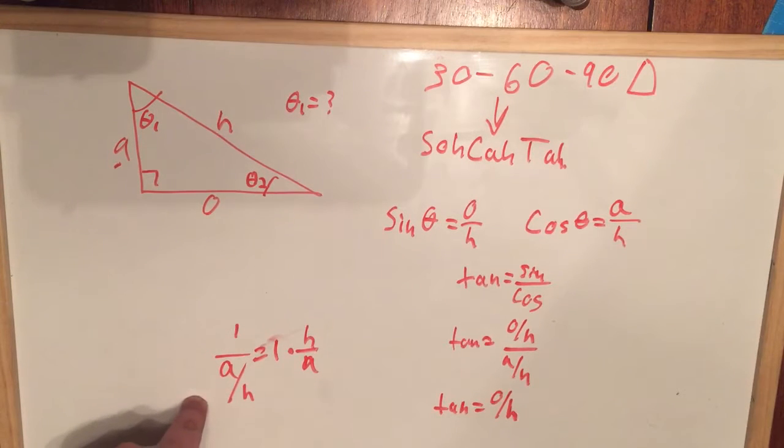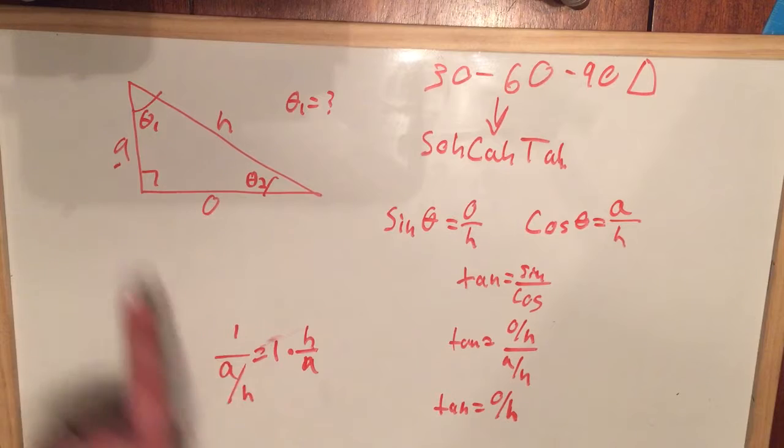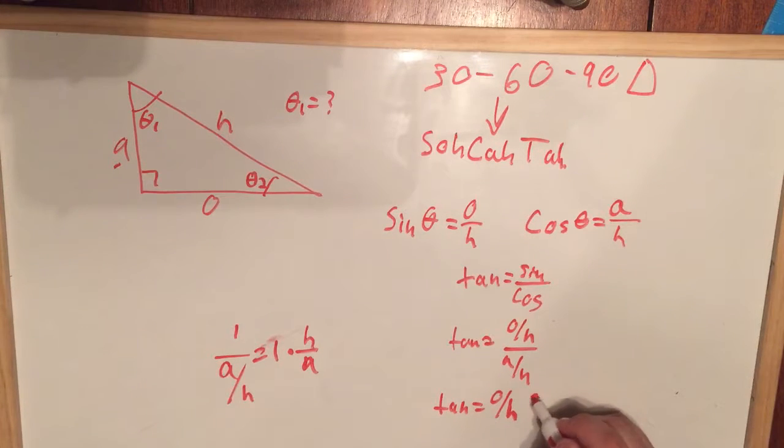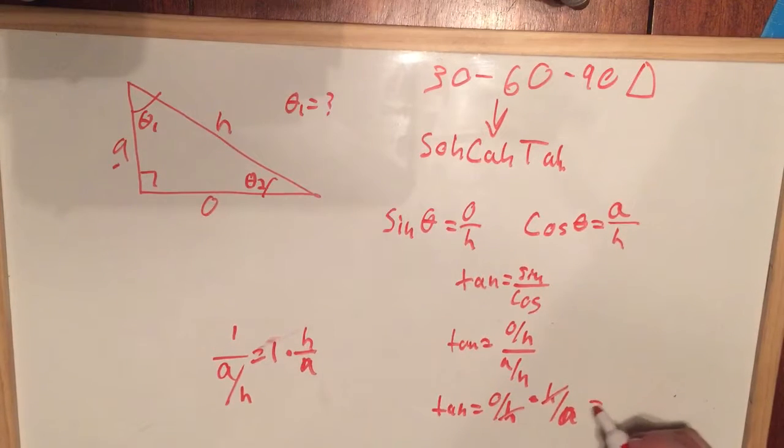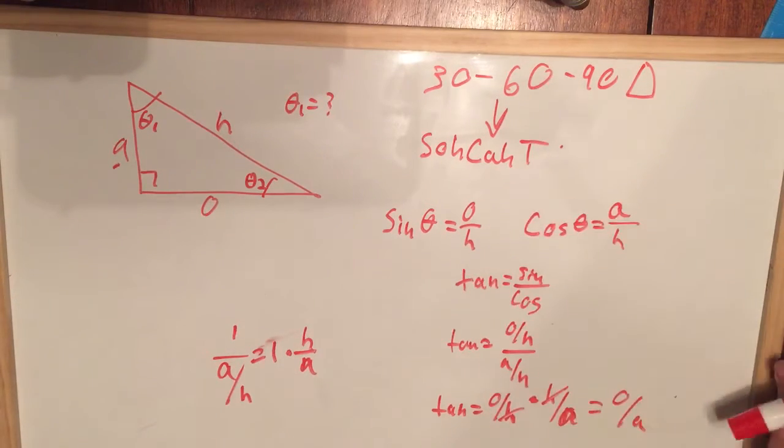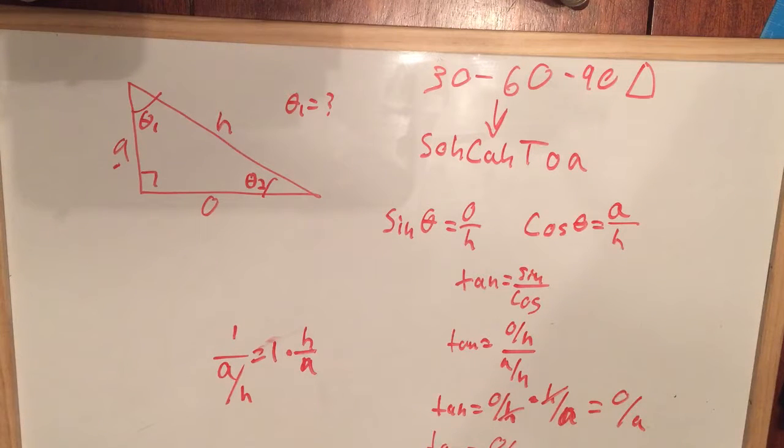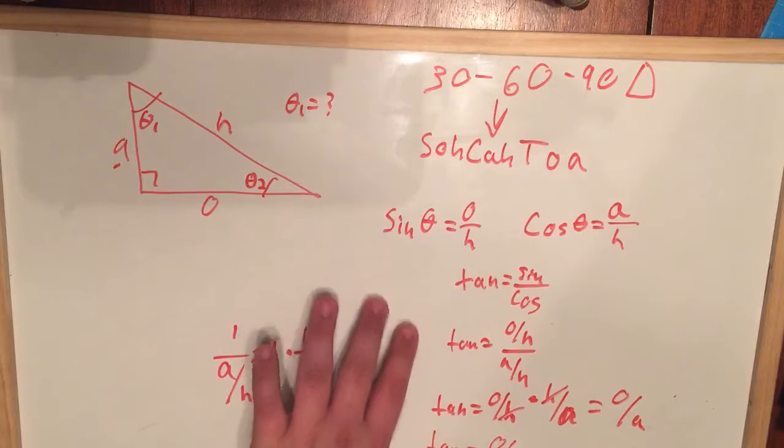This is the reciprocal of this, so then we have to multiply that by H over A, and then we cancel the H's, which is equal to O over A. I knew I wrote something wrong there. And so the tangent is then equal to the opposite over the adjacent. So that's basically SohCahToa right there.